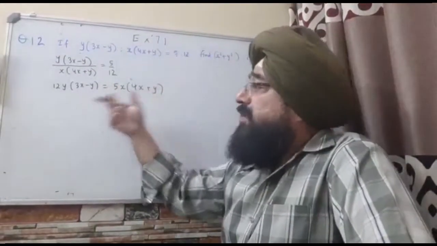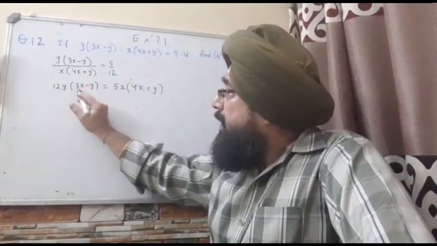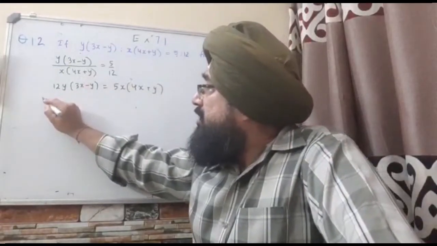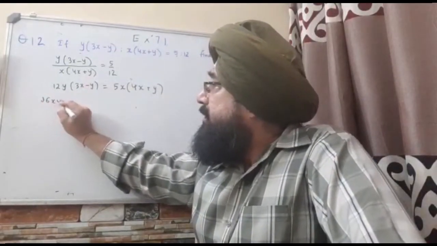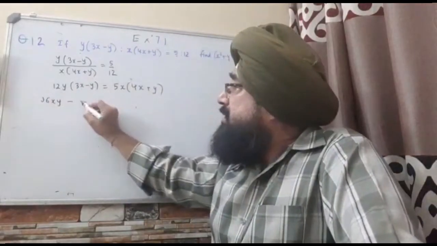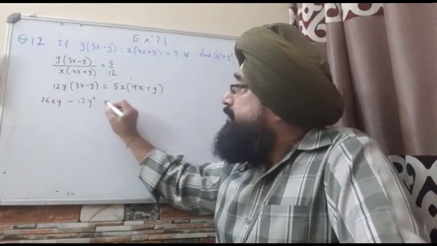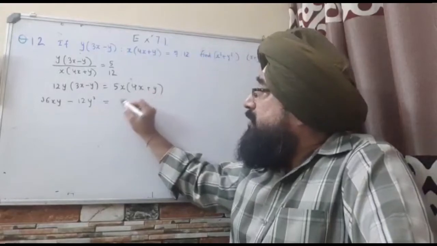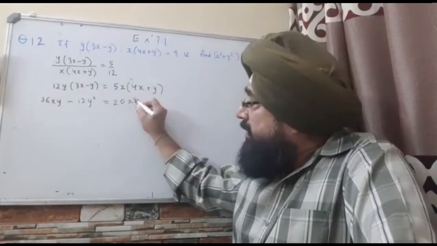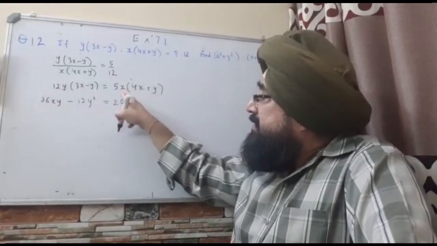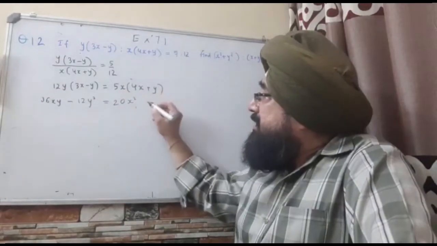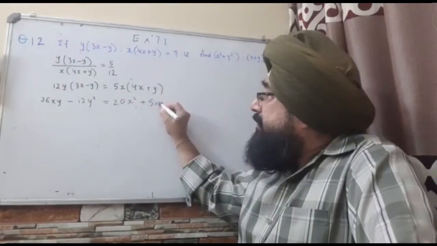So now we are directly into the attack. 12y into 3x gives you 36xy, isn't it? Minus 12y into y is minus 12y square is equal to 5x into 4x is 20x square, and 5x into y is plus 5xy.